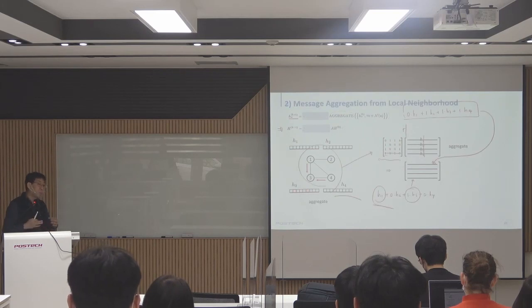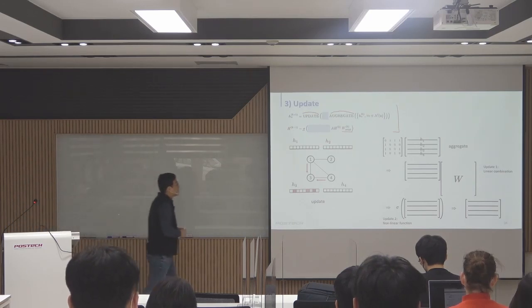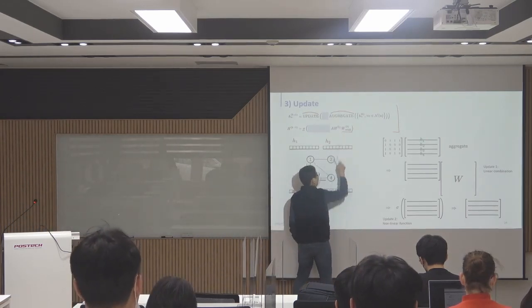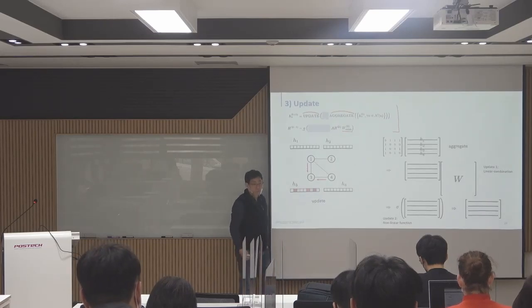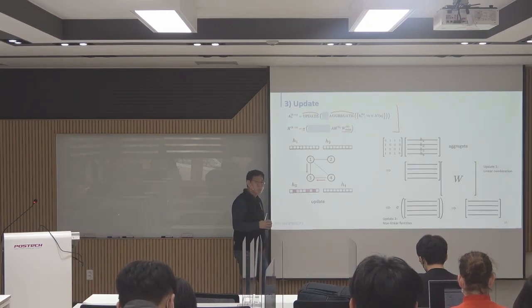Again, there are many ways that we can do the update, but the simplest is that we just introduce another matrix to the matrix multiplications. But for matrix multiplication, the only thing that we can do is linear transformations, and we need to inject nonlinear functions.